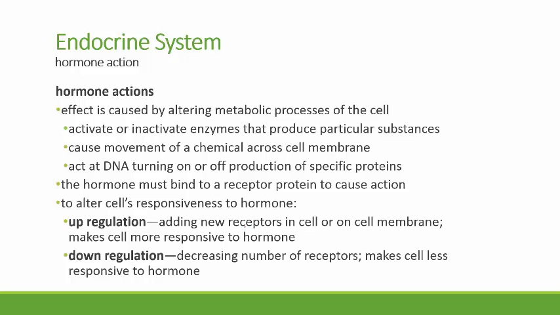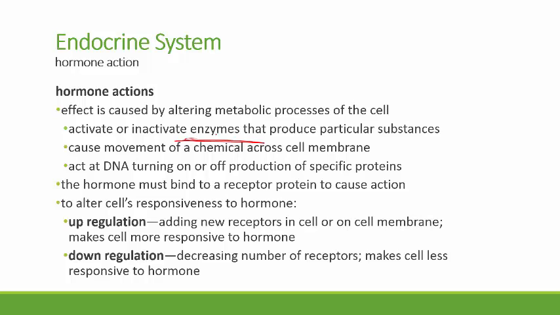So it might turn on or turn off enzymes so that chemical reactions will proceed or will be stopped, or will make a new material that has not been seen or used in the cell in a large amount. Again, it might move something across a cell membrane. And then finally, it may act at the DNA, turning on or off the production of specific proteins.